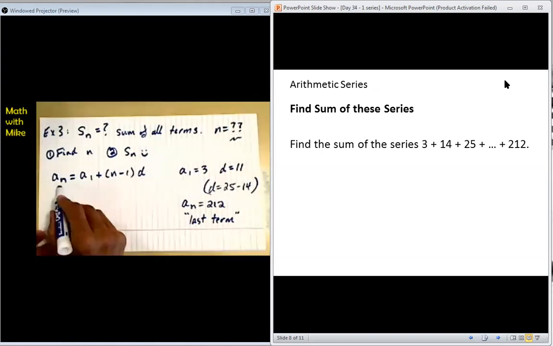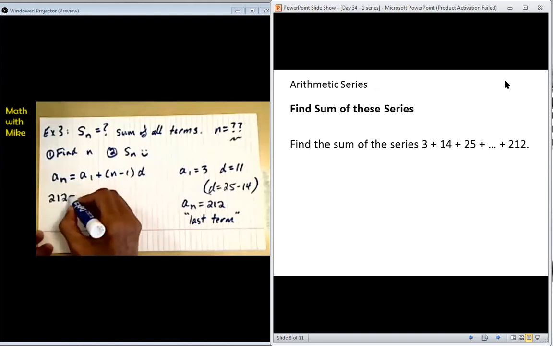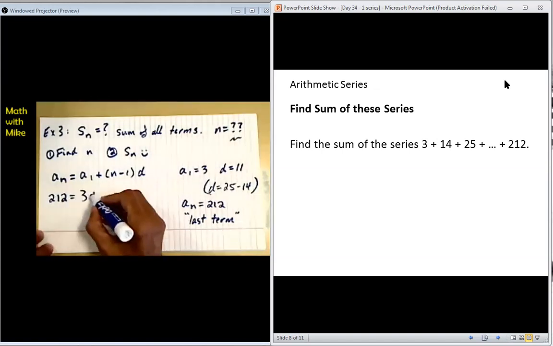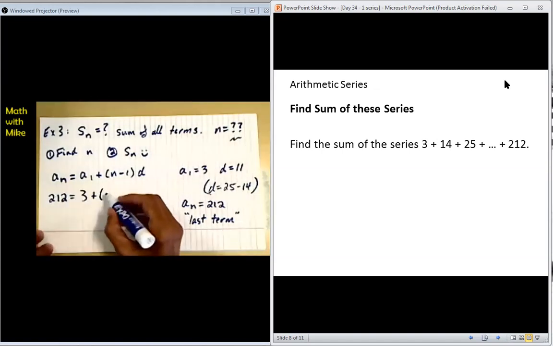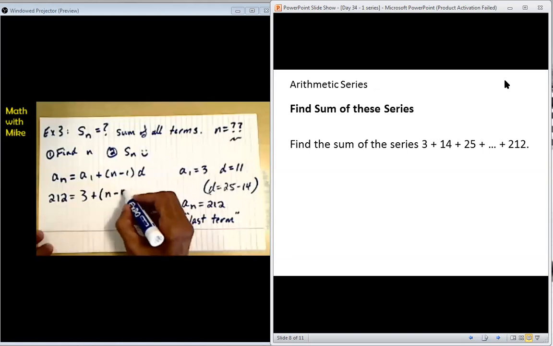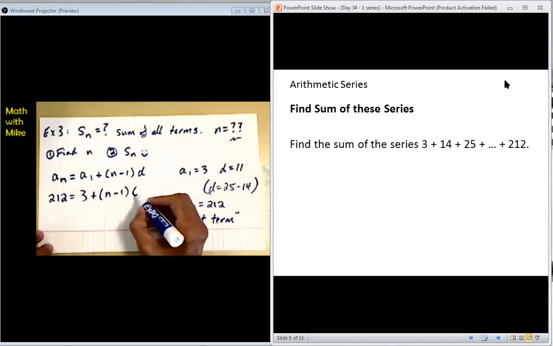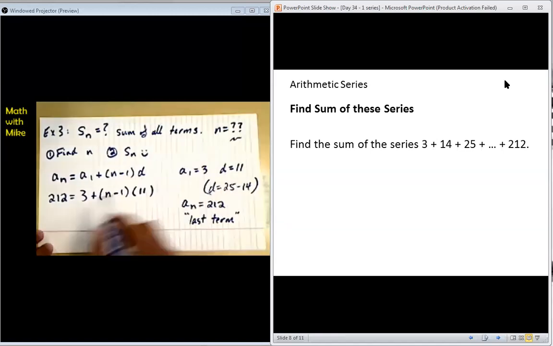A1, the first term, is 3. N is what we're looking for, so that's going to stay there. And then D, after a little bit of hard work, is 11. Because it's positive you don't need the brackets, but out of habit, I put them there.